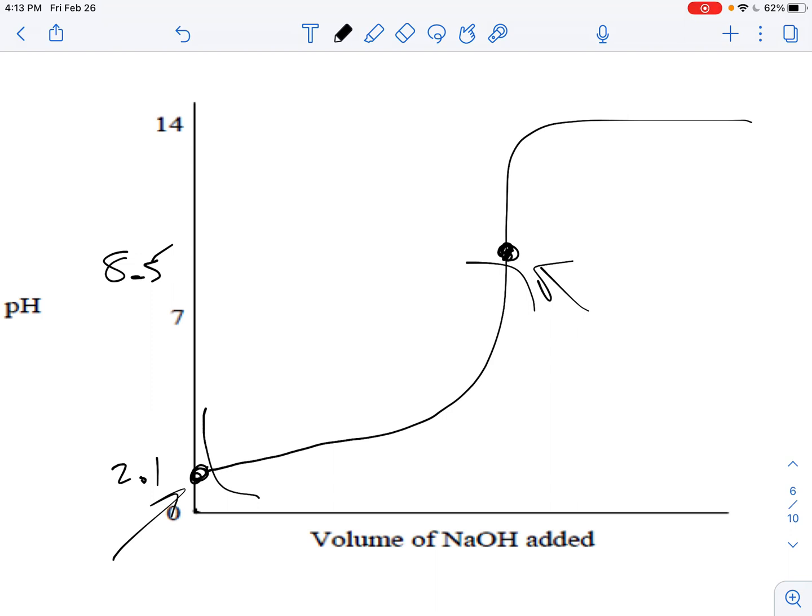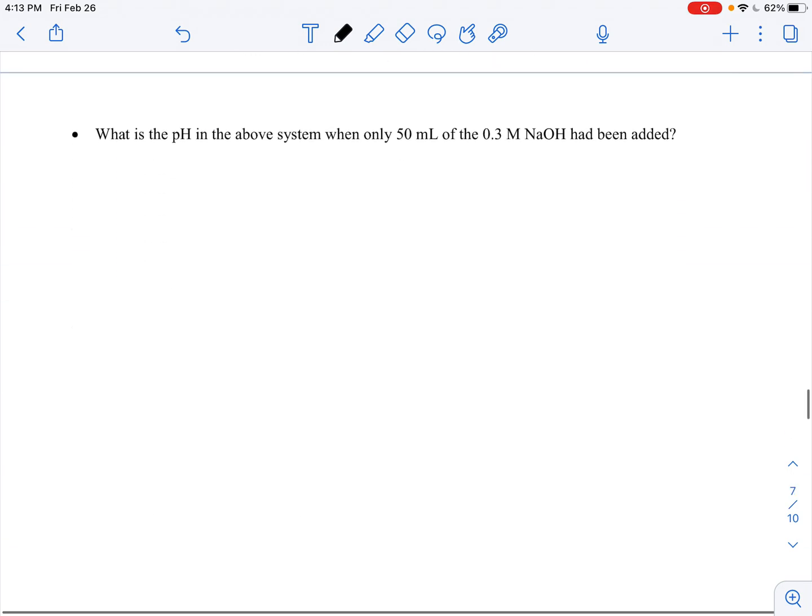Because there are some great things that happen between those two spots that make it very easy for us to do some calculations once we realize what is actually occurring there. So it's going to turn out that this is going to be called the buffer zone. And let me explain why and how it's the buffer zone and what we can get from it and how we can make our lives easier there.